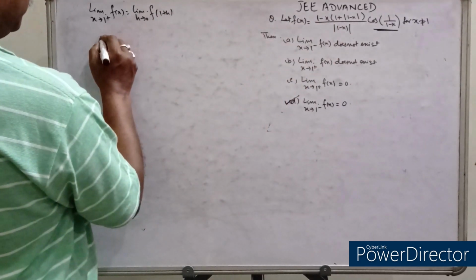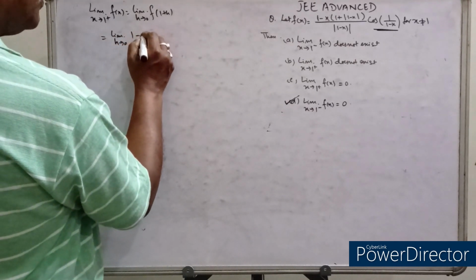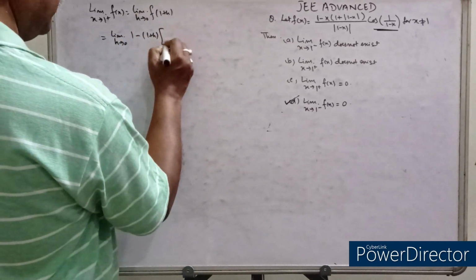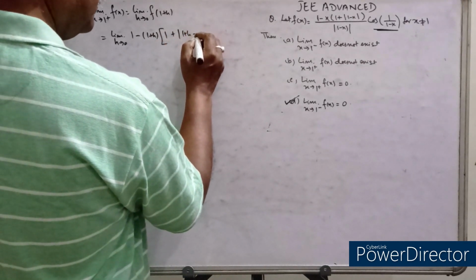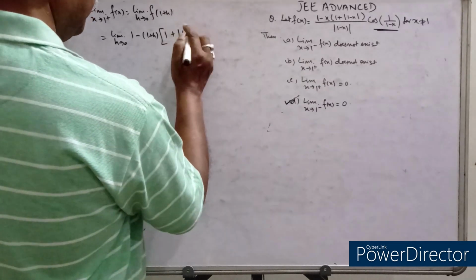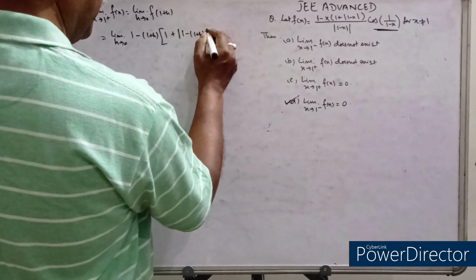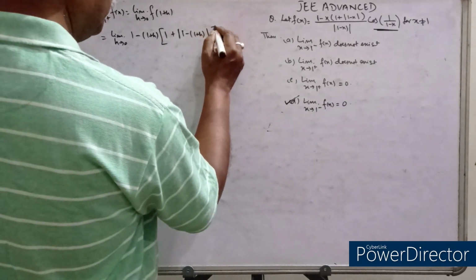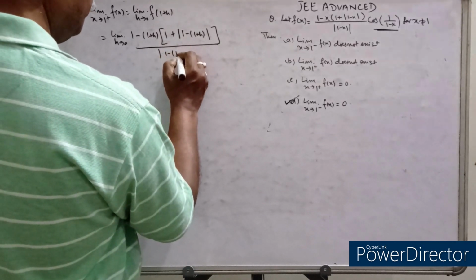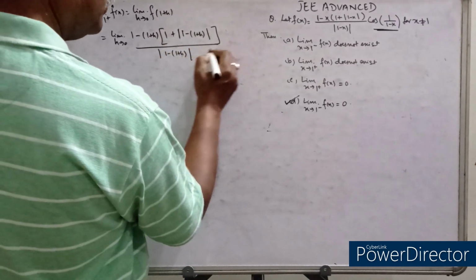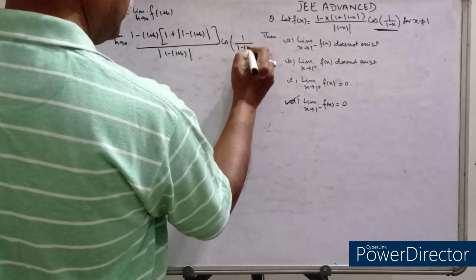So in this function this will be limit h tends to 0 of (1 minus (1 plus h)) times (1 plus modulus of (1 minus (1 plus h))), divided by modulus of (1 minus (1 plus h)), times cos 1 by (1 minus (1 plus h)).